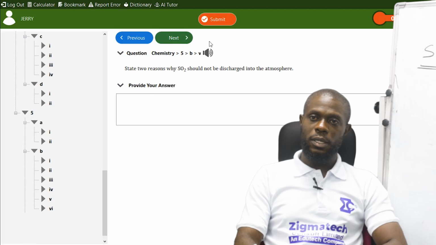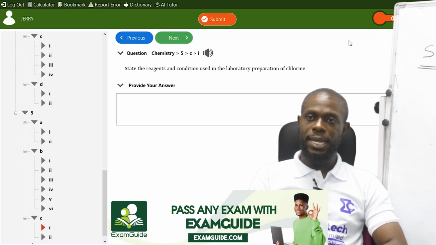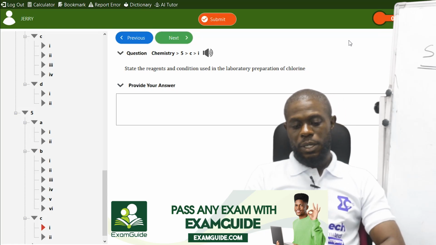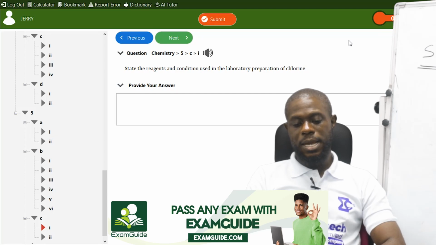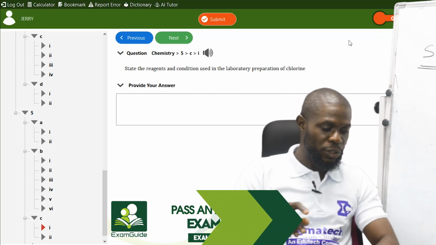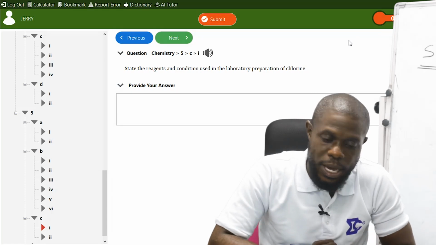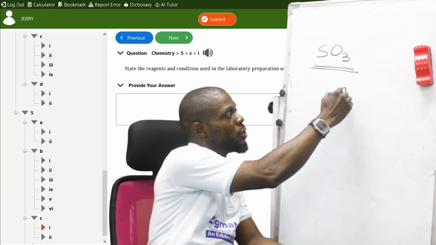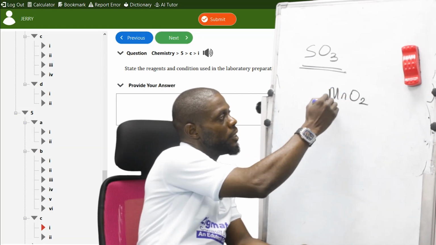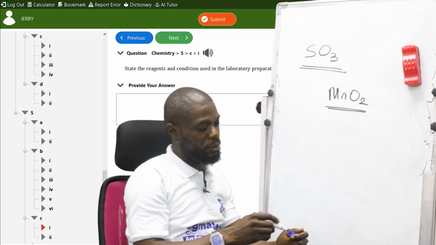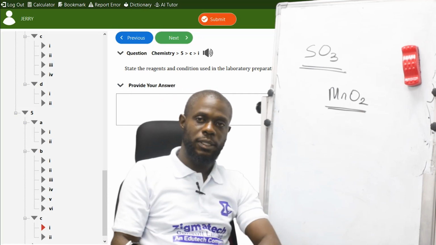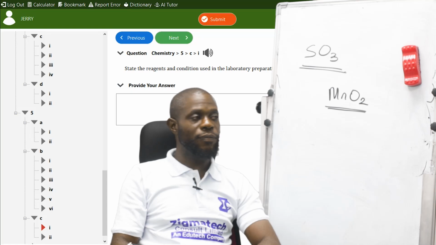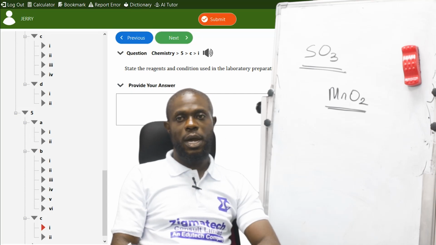The next one is: state the reagents and conditions used in the laboratory preparation of chlorine. The reagents are manganese(IV) oxide and concentrated hydrochloric acid.